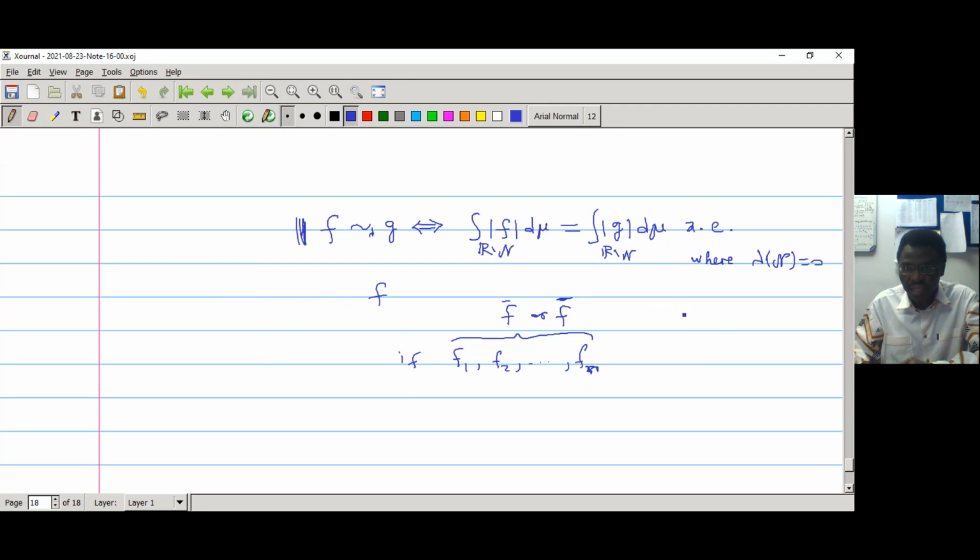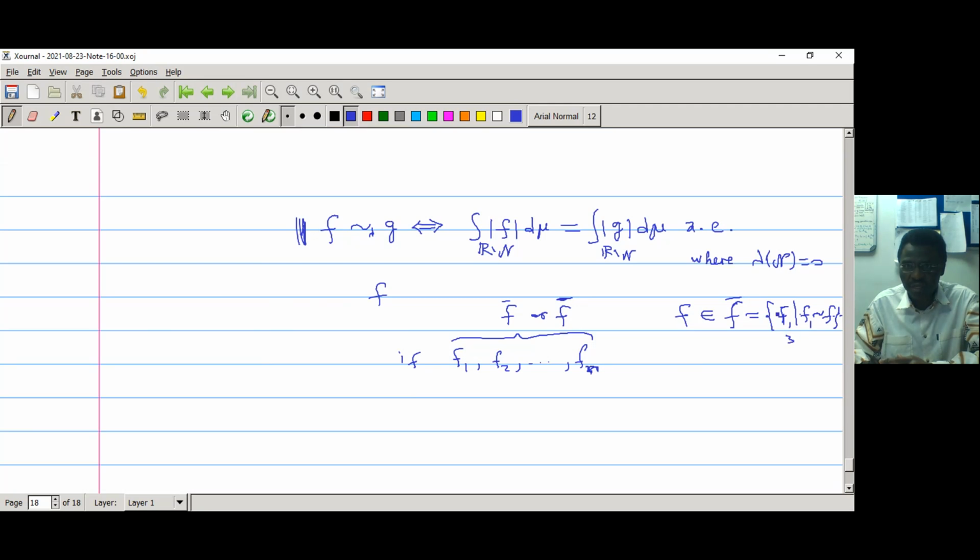So actually, I can say that a function is an element of this because it's a class. Because a class is a set of functions. Let's say f1 such that f1 and f are in relation, right? Such that f1 is equivalent to f. And there are many such f1.